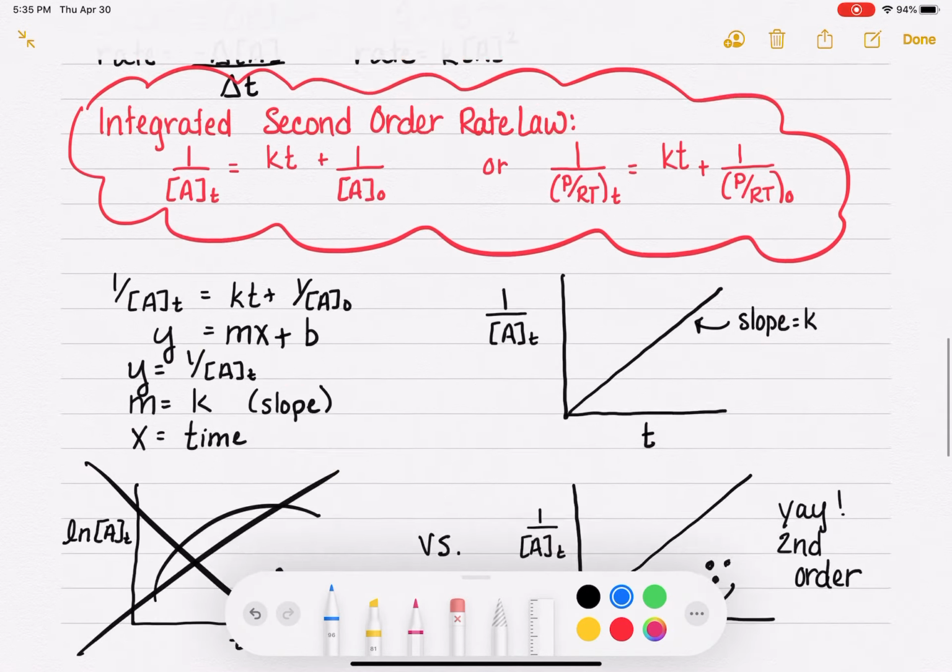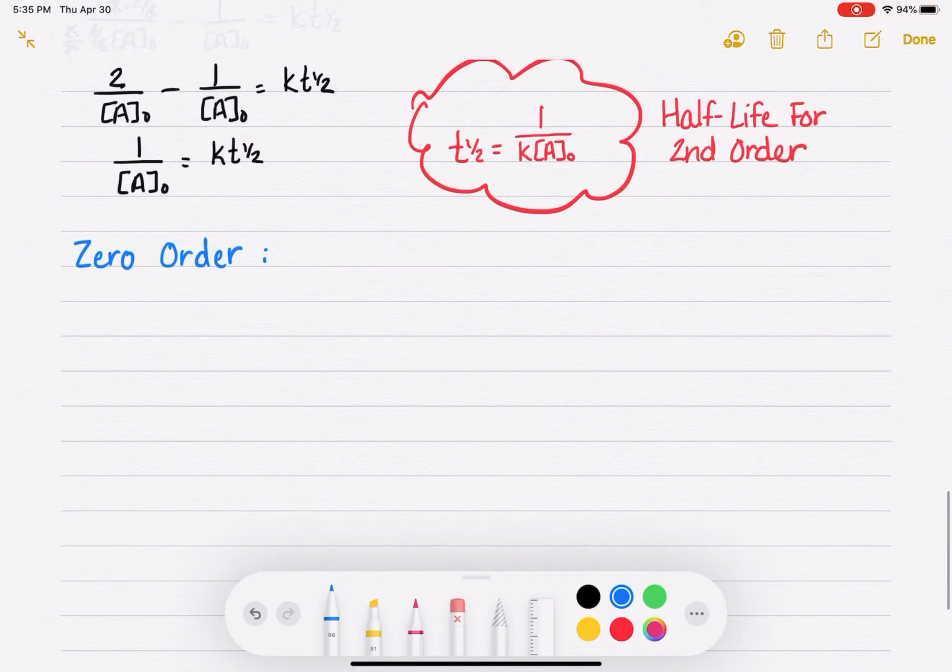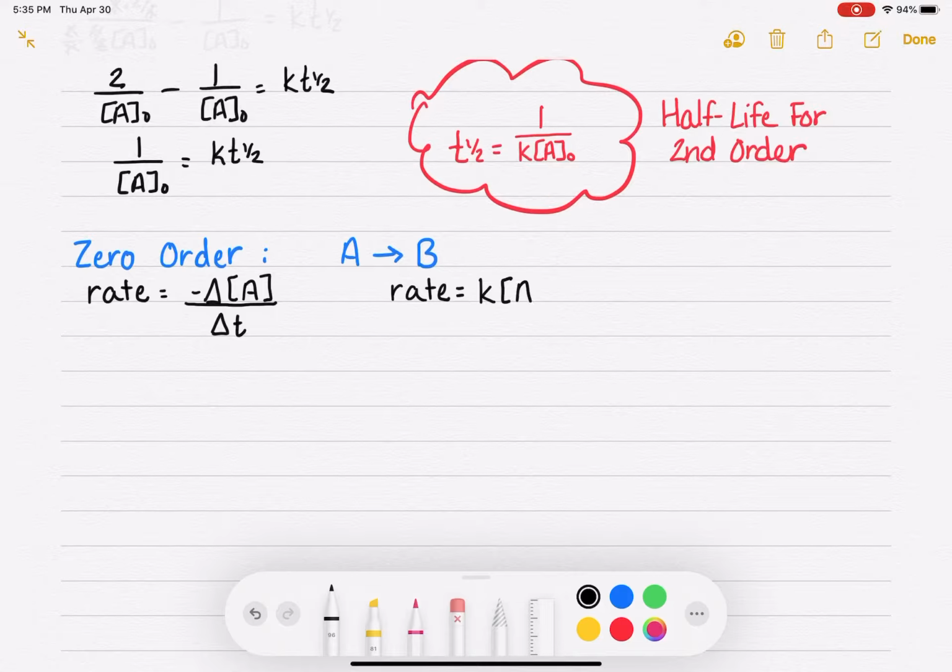How have I been writing this? Zero order for a generic reaction, A goes to B. And the zero order integrated rate law is going to come from the combining of the equation that we use to calculate the average rate, which is negative delta A over delta T, and combining that with the rate law, which is k A to the zero.